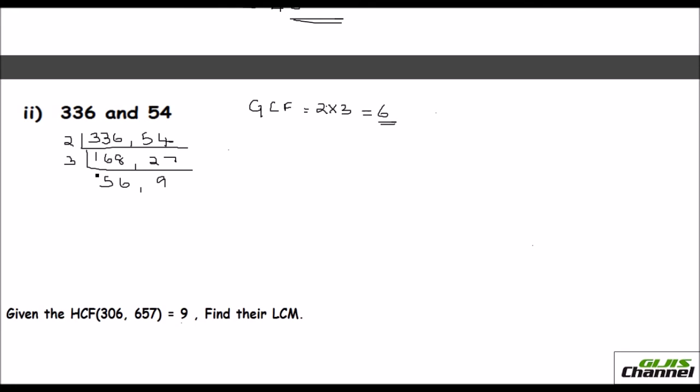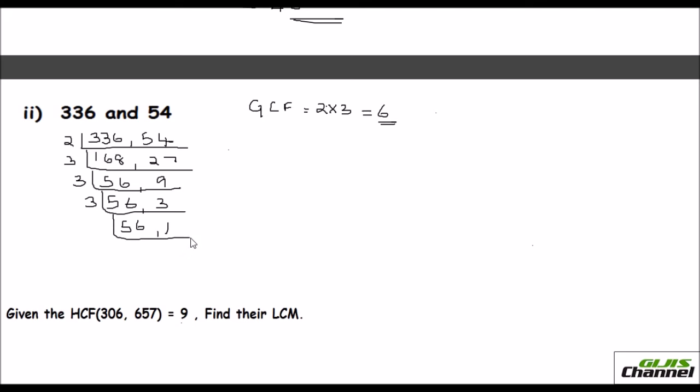Now let's proceed for the LCM. We can divide one by one. Let me complete the 9 first. So this is 3. 56 doesn't go in 3, so I just write it as it is. This is 3 here. Again, divide by 3. So 56 is written as it is and this is 1.